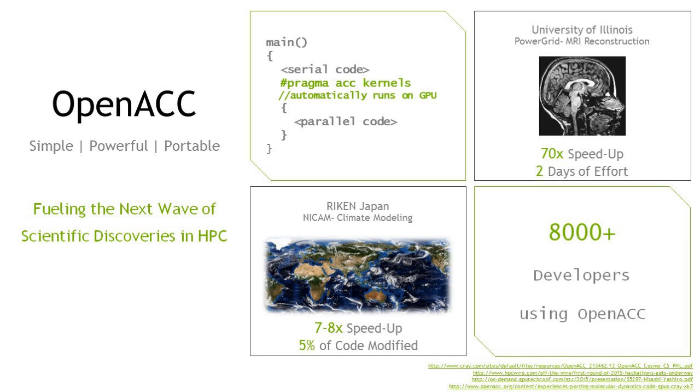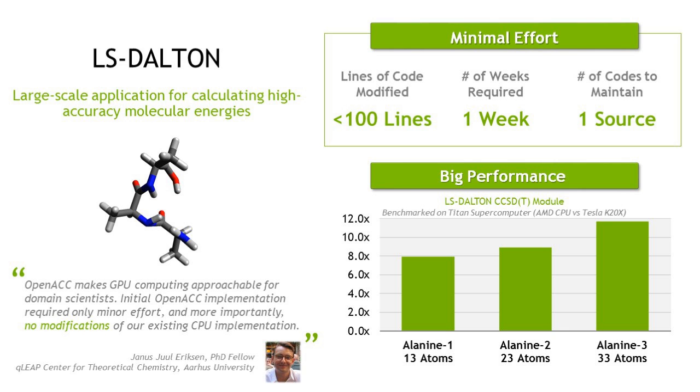And part of the way that it's going to do that is make GPU computing and accelerated computing much more approachable to domain scientists. And so one code we really like to highlight here is the LS Dalton code. This is a chemistry code, and specifically the linear scaling LS Dalton is being developed at Aarhus University in Denmark.